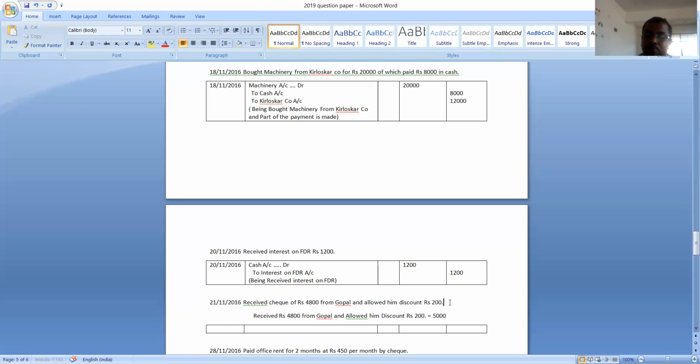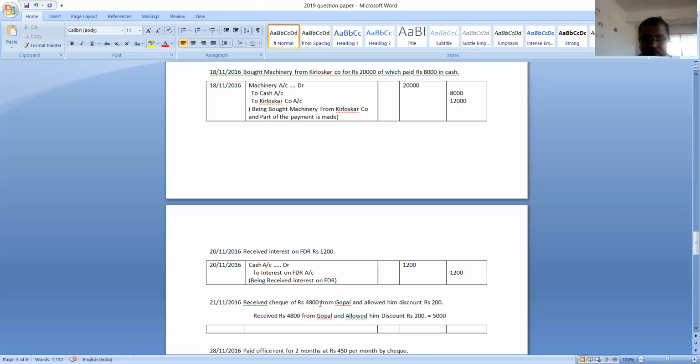Suppose it comes to a bank transaction, I mean payment is made or received in the form of check, then you should make an entry. Received check of rupees 4800 from Gopal and allowed him a discount of rupees 200.